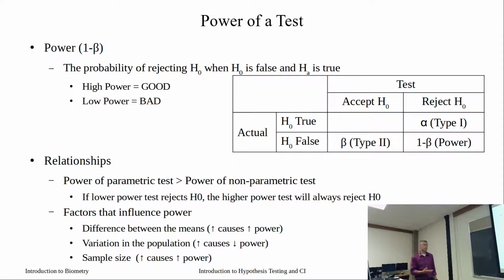That doesn't work. What about variation in a population? If we increase the amount of variation in our population, we actually decrease our power.